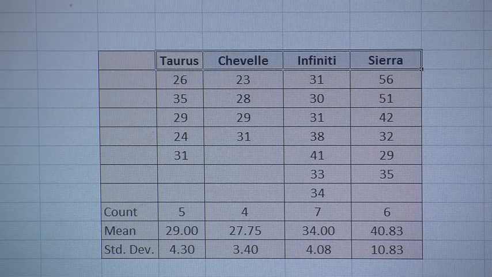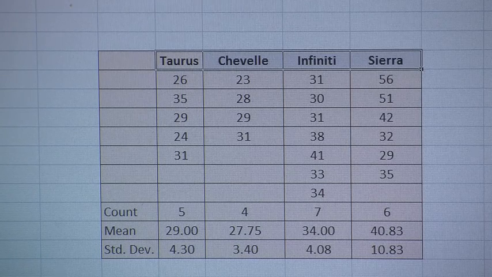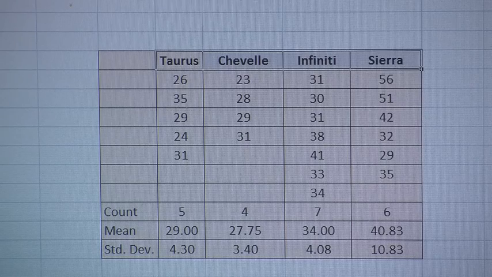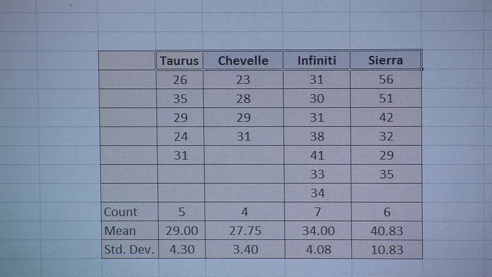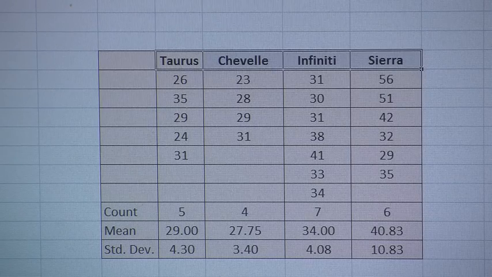We're interested in whether the average gas mileage across these 4 cars is equal to or different from one another. Since there are more than 2 groups, we can't run a 2-group difference of means test. So ANOVA is the logical test for us to run.